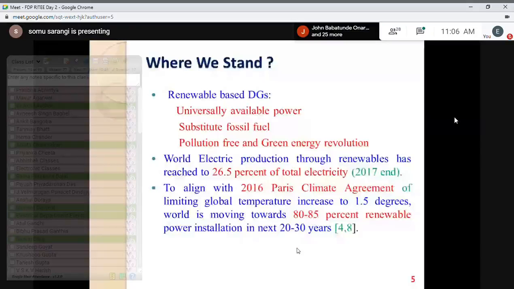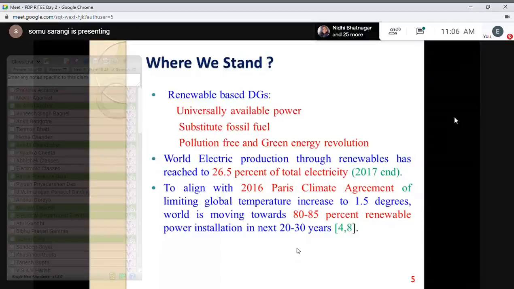So where we stand now, if you observe the renewable based DG, it is universally available power. Somewhere it is wind, somewhere it is solar. It is a substitute to fossil fuel, which is creating pollution in our system.